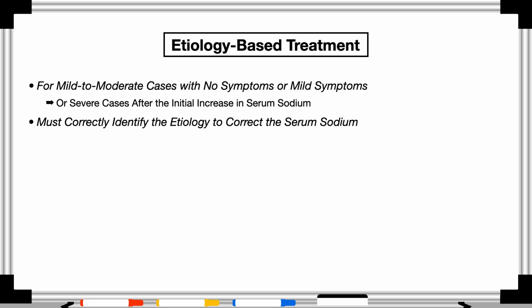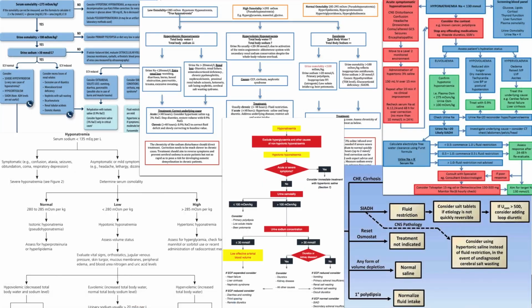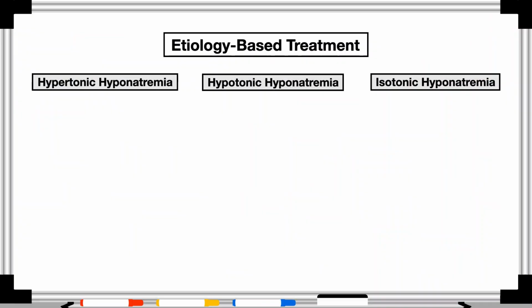Identifying the etiology is paramount to improving the sodium level, avoiding the disorder's progression, and minimizing the risk of complications. Moreover, failure to correctly identify the etiology can lead to a treatment strategy that makes the hyponatremia worse and increases the risk of complications. I've seen multiple flowcharts published to help clinicians sort this out.